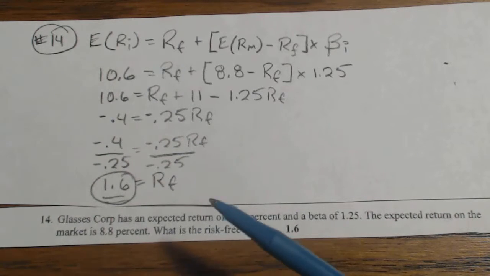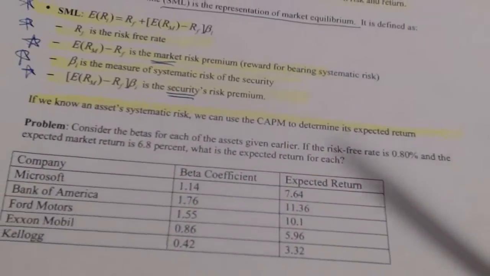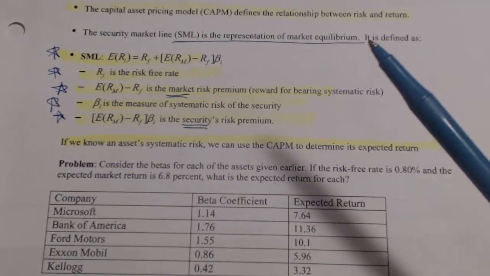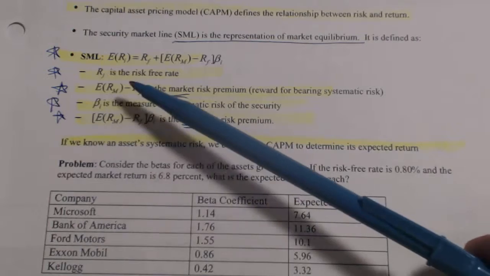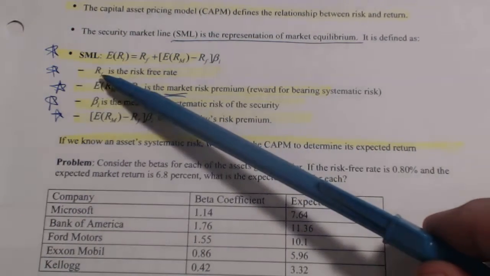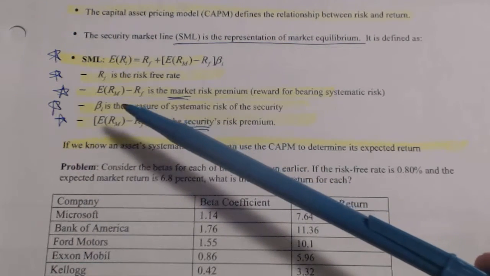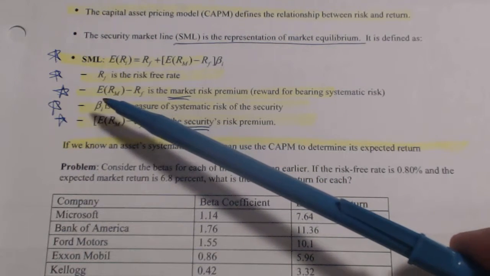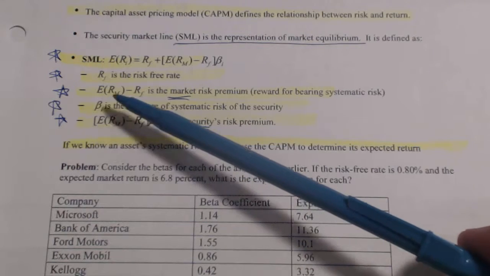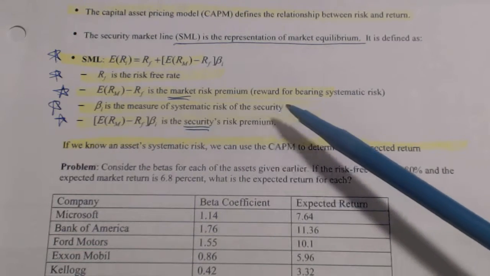So if you look on page 78 in your workbook, they give you several formulas. They just tell you right here, RF, that's an F right there, is the risk-free rate, and then ERM minus RF is the market risk premium.